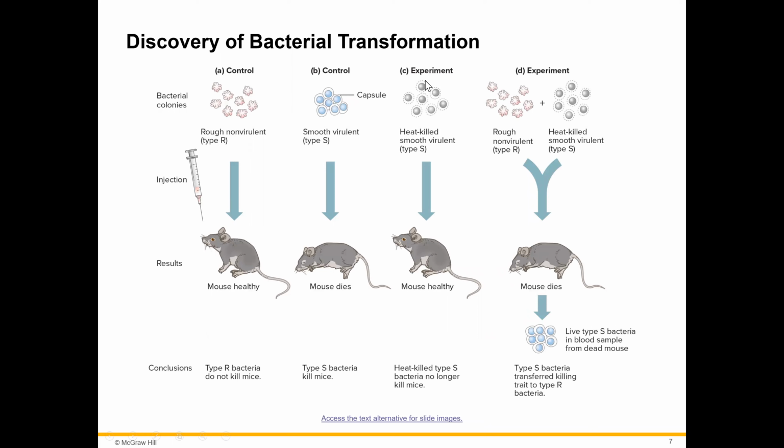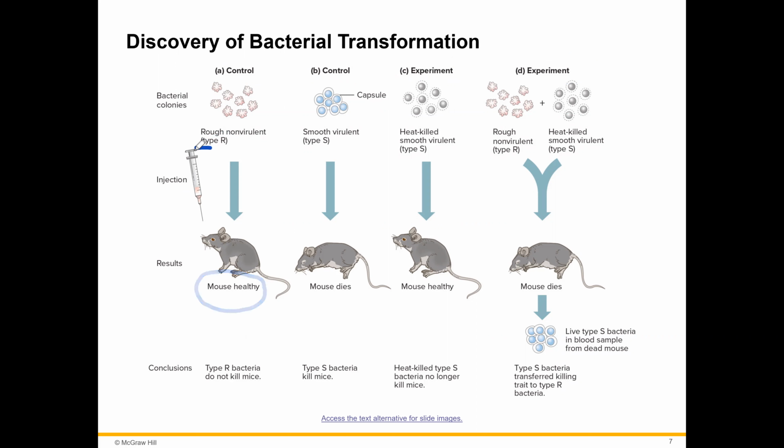As any experiment should, Griffith had control groups. He had two control groups and two experimental groups. For his first control, he took bacteria type R and injected it into a mouse, and the mouse is healthy.